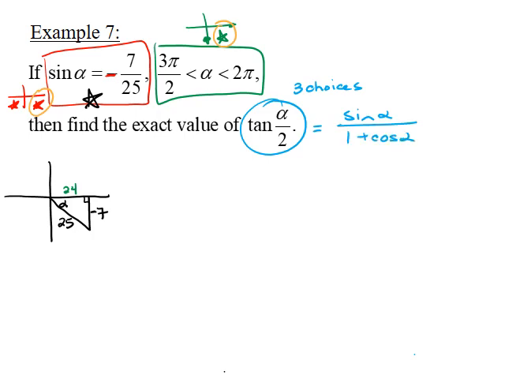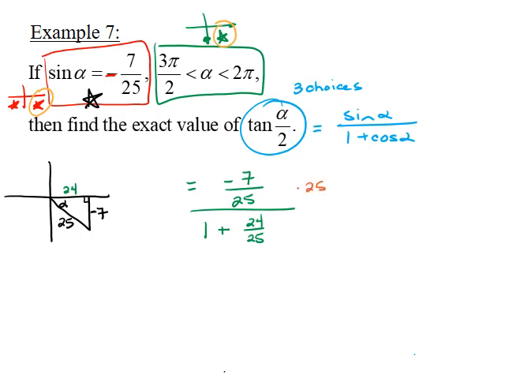Okay, it's really a preference thing, all right? So when I plug in my information, I get the following. Sine of alpha was given to me. 1 plus cosine of alpha is 24/25.